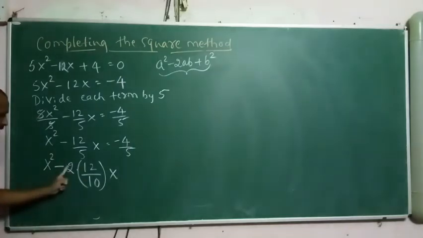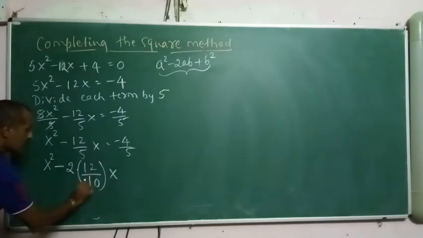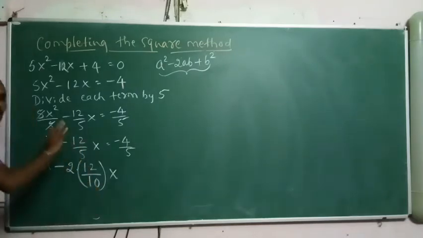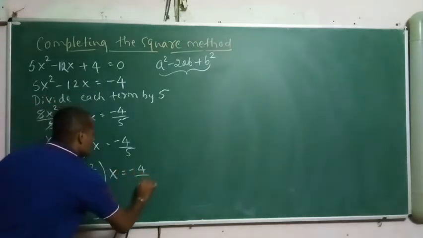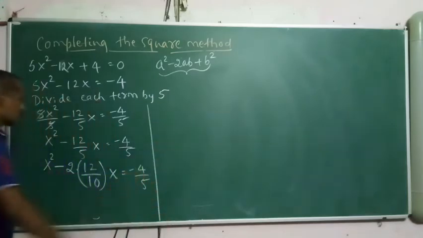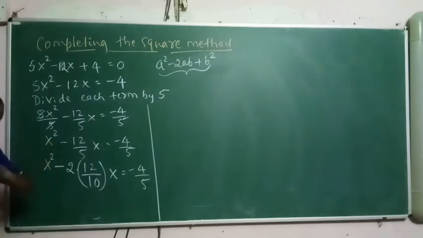See, 2 in the numerator, 2 in the denominator. If you cancel also, 2 1s are 2, 2 5s are 10, it is 12 by 5, 12 by 5. No changes at all, but you don't cancel it. But it is possible, I am telling you. Original value is not changed at all. Okay, is equal to minus 4 by 5. After this, to see if it is possible to cancel, then cancel it.